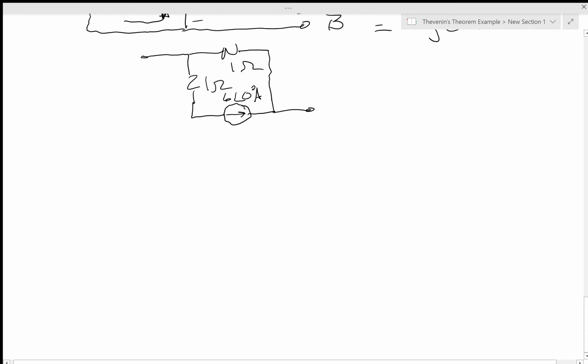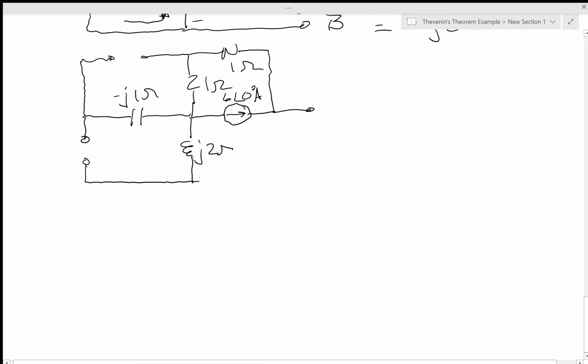I'm looking for VOC. I have this open circuit, it comes around, hits the capacitor, minus j1 ohm capacitor. I have the current source that's missing here. I have the inductor right here, j2 ohms, and I'm going all the way out here, and I want to find VOC3.